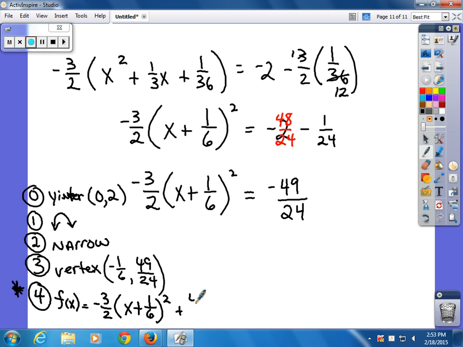Plus 49 over 24. So you need to make a note of that. Highlight that. Make sure you know in your notes that the reason I show you that is because I don't want anybody saying, oh, you didn't show us how to do that. Yeah, I did. Been showing it to you since the beginning.